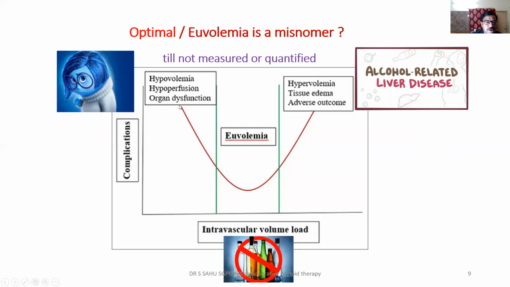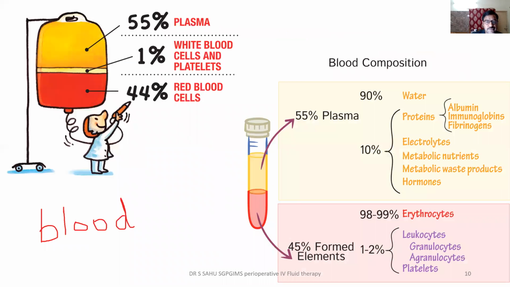In hypovolemia, because of hypoperfusion, organ dysfunction can occur, and in hypervolemia, because of tissue edema and adverse outcome, the excess intravascular volume can hamper the management and cause complications. It's the same as for those who like to take alcohol: if you don't take the adequate amount, the purpose for which you are taking alcohol is not solved, but if you take too much in an uncontrolled way, it can cause liver disease.